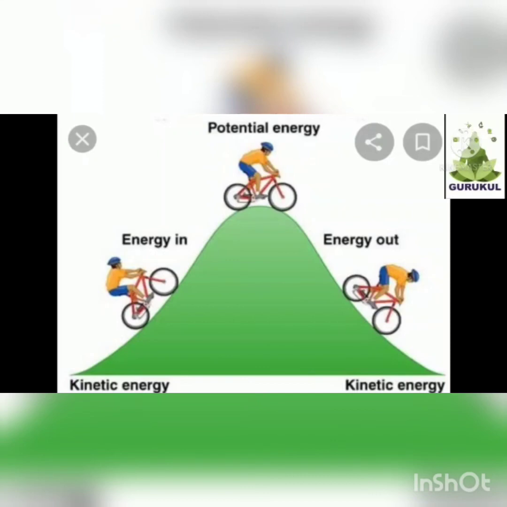Then when a person or vehicle moves, heat energy gets converted into motion. Correct? So energy in the form of motion is called kinetic energy. Understood? Energy in the form of motion is called kinetic energy. So all moving things have kinetic energy.